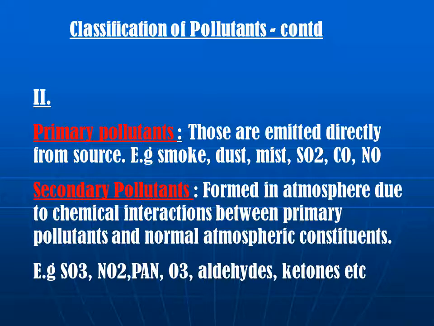Secondary pollutants are formed in the atmosphere due to chemical interactions between the primary pollutants and the normal atmospheric constituents. The examples are sulfur dioxide, nitrogen dioxide, the PAN compounds, the ozone, aldehydes, ketones, etc.